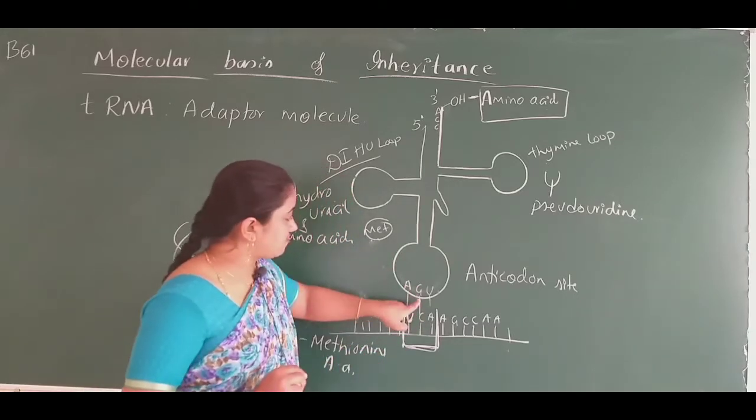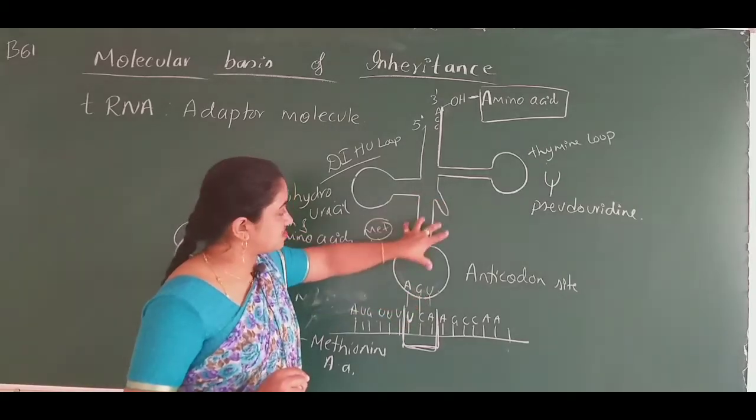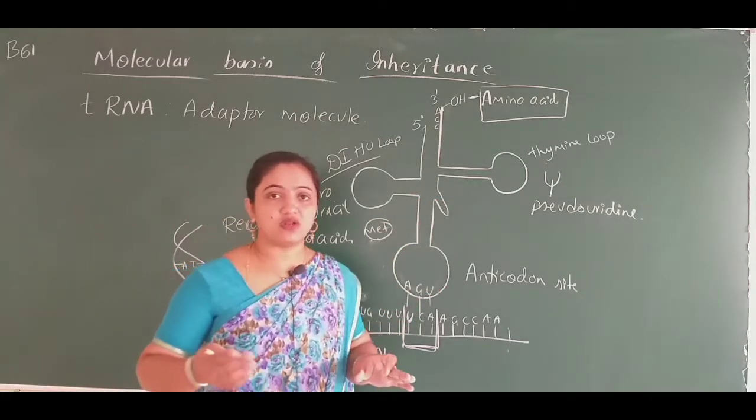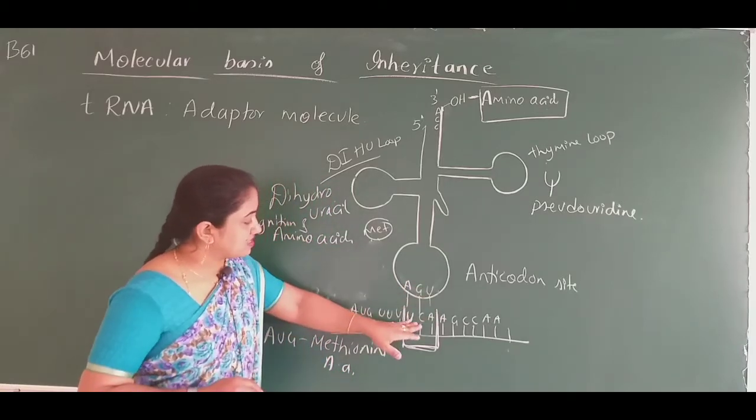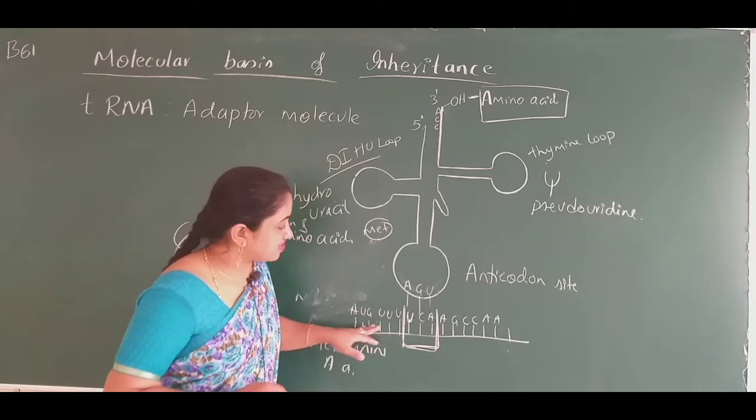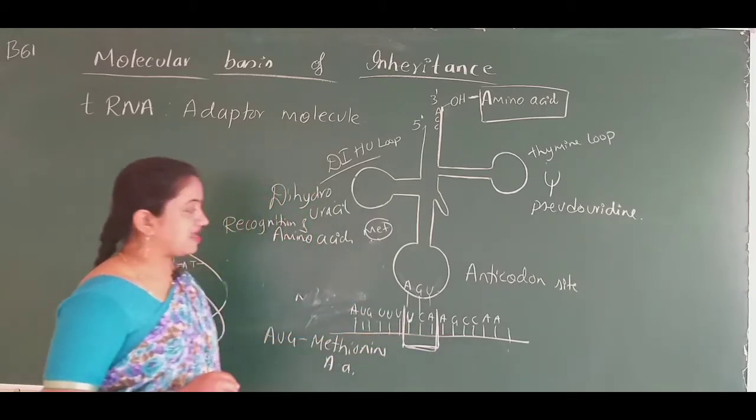So what we understood here is that this arm is known as the anticodon arm, and this side is going to copy the triplet codon sequences from the mRNA.